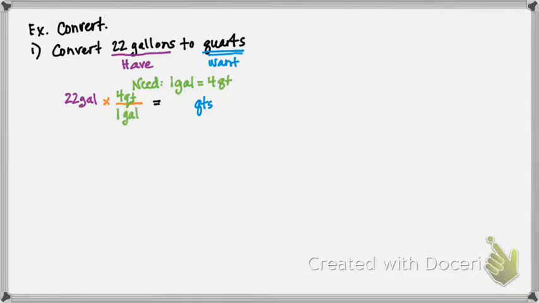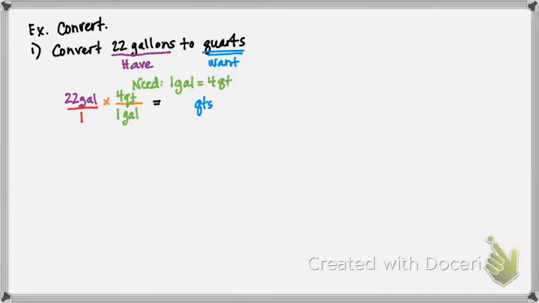Okay, so when we were talking about simplifying fractions, we were looking at a numerator and a denominator. So what I can do is create a fraction from what I have by giving it a denominator of 1. That's the easiest way to make a fraction out of a whole number. Just give it a denominator of 1.